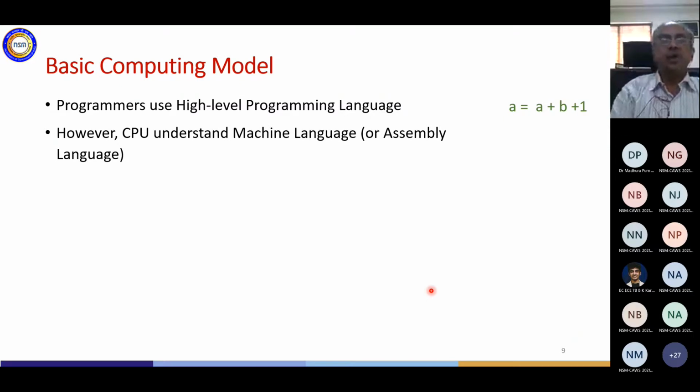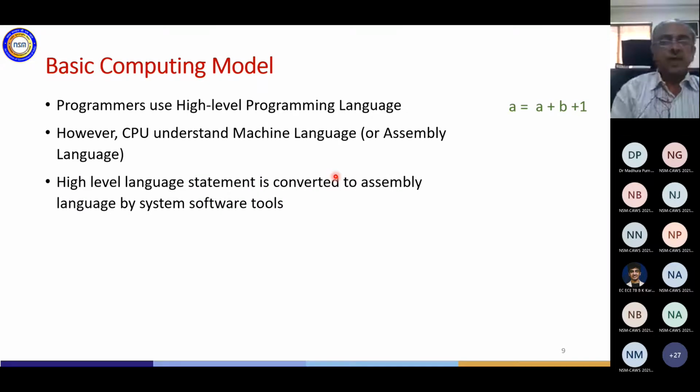There is a one-to-one correspondence between assembly and machine language, whereas there is no one-to-one correspondence between higher level language and machine language: a statement in a higher level language results in multiple assembly language statements or multiple instructions.